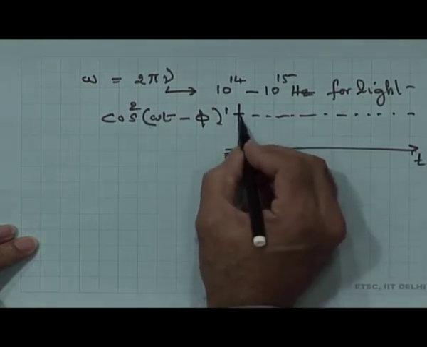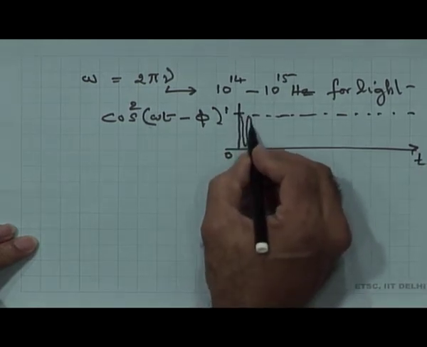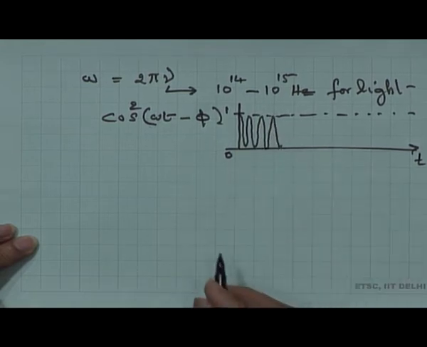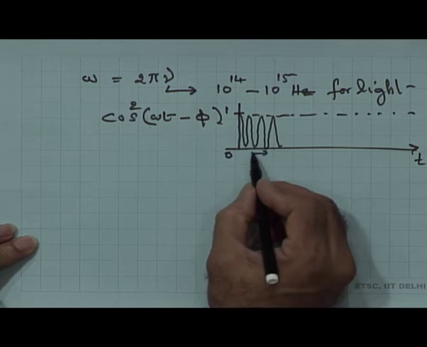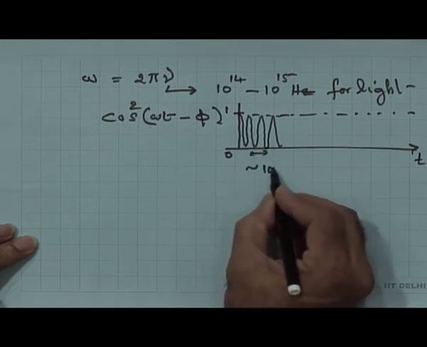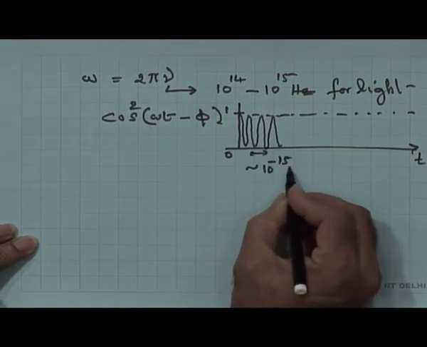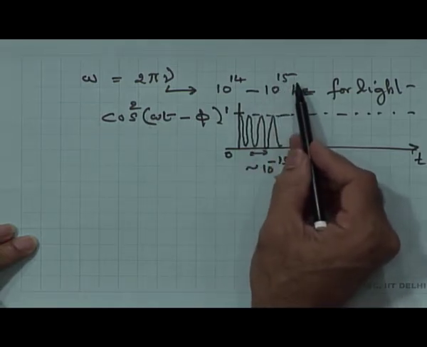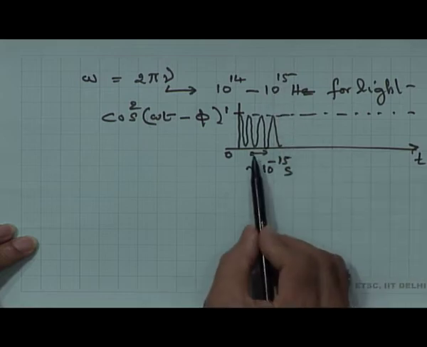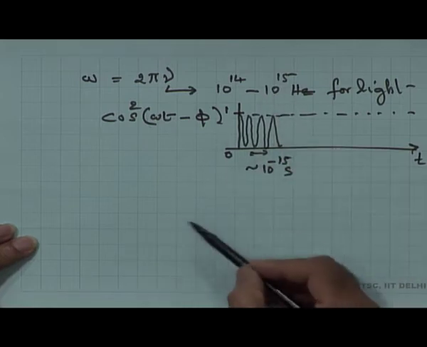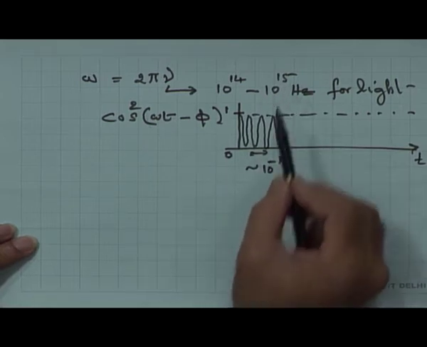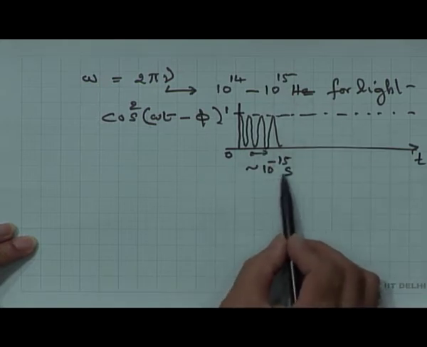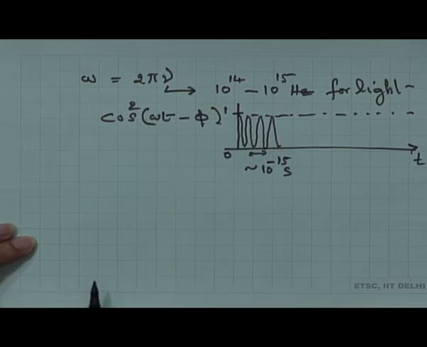With time this is varying very rapidly, and this time difference is of the order of 10 power minus 15 seconds, because the frequency is of the order of 10 power 15 hertz, which means the corresponding period, t is equal to 2 pi by the frequency, is of the order of 10 power minus 15 second.